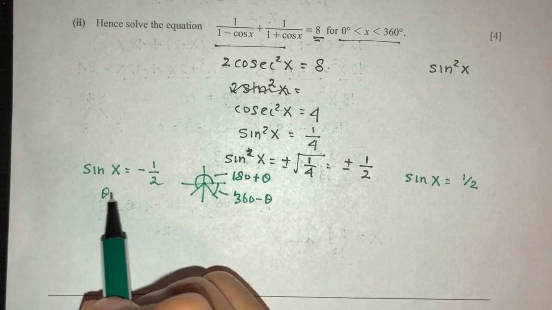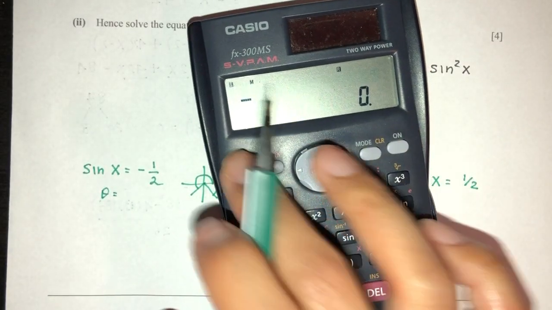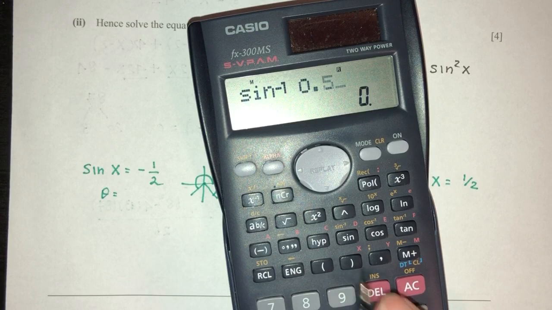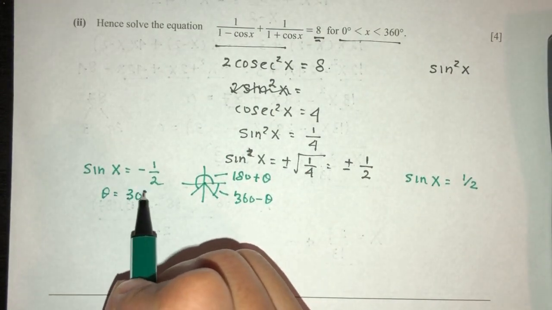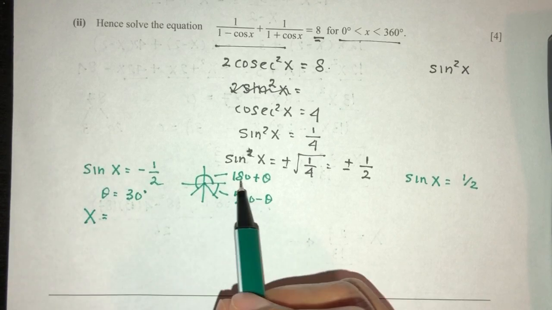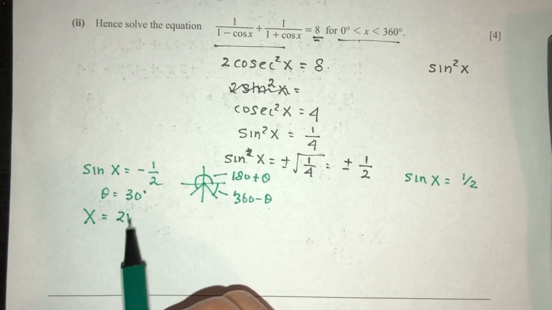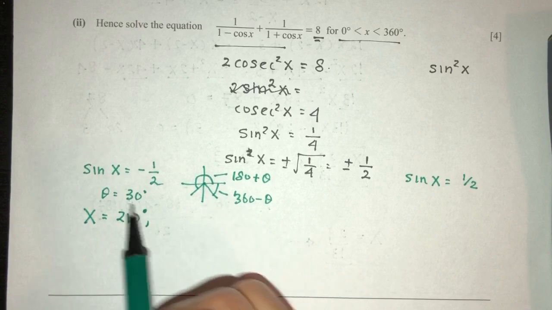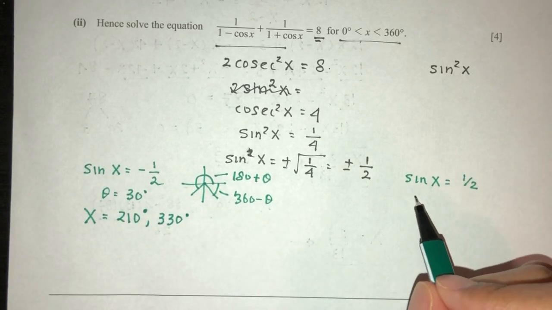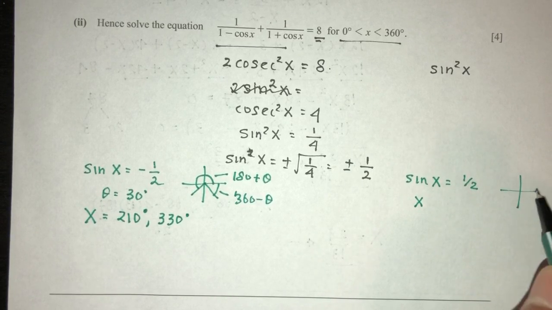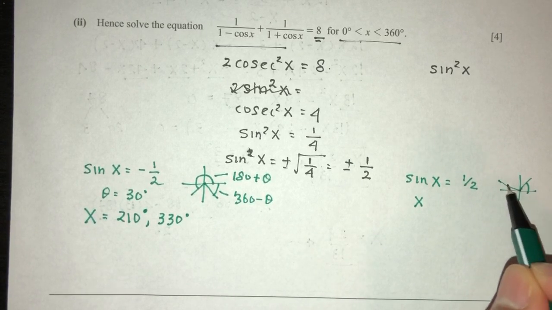So what is the value of theta? That will be sin inverse of half, which in degrees is 30 degrees. So your value of x will be 180 plus 30, that will be 210, and 360 minus 30, that will be 330. And for this one, the value of x is positive, so it will be in the first quadrant and the second quadrant.